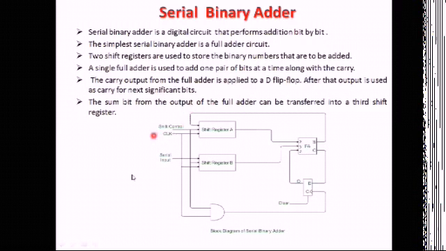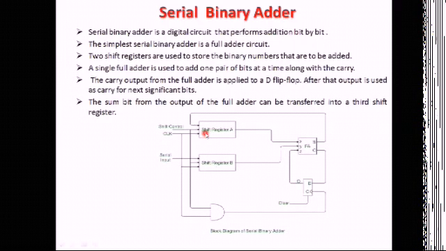Now this is the block diagram of the serial binary adder. Here you can see that we have two shift registers. This one is one full adder and this one is a D flip-flop and this one is an AND gate. Now let us look at the shift registers.